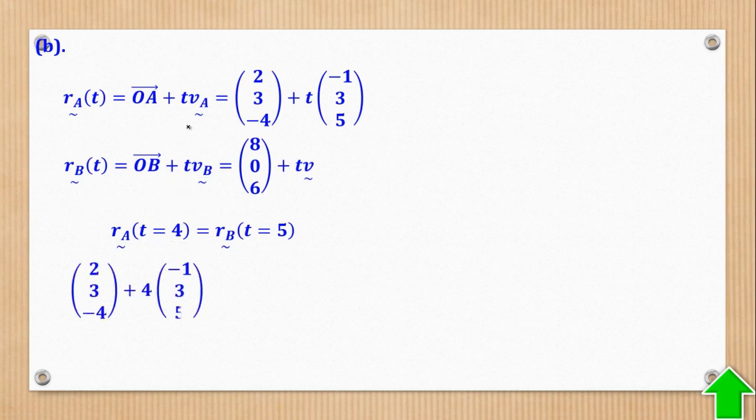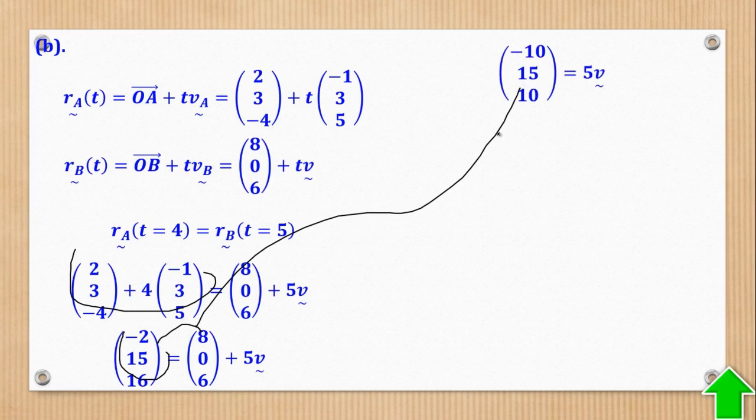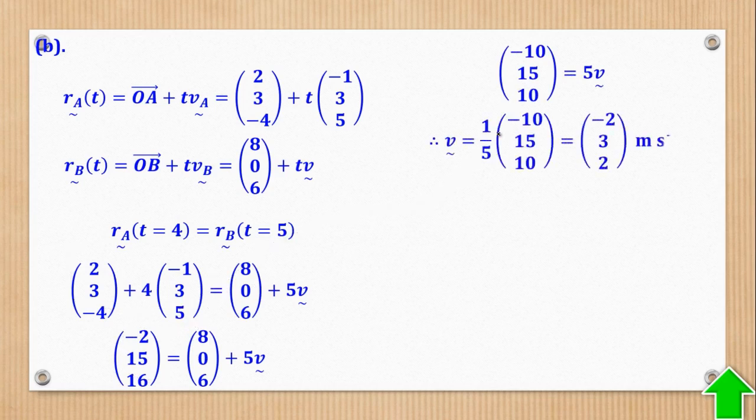Then you can substitute. Put 4 here and put 5 here. Then simplify. The left hand side gives you this. Then take this one this side to give you that. Then divide by 5 to get V.